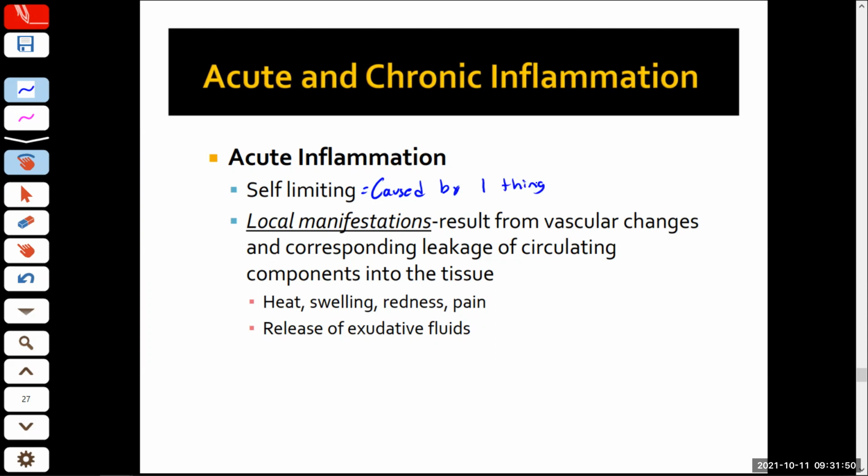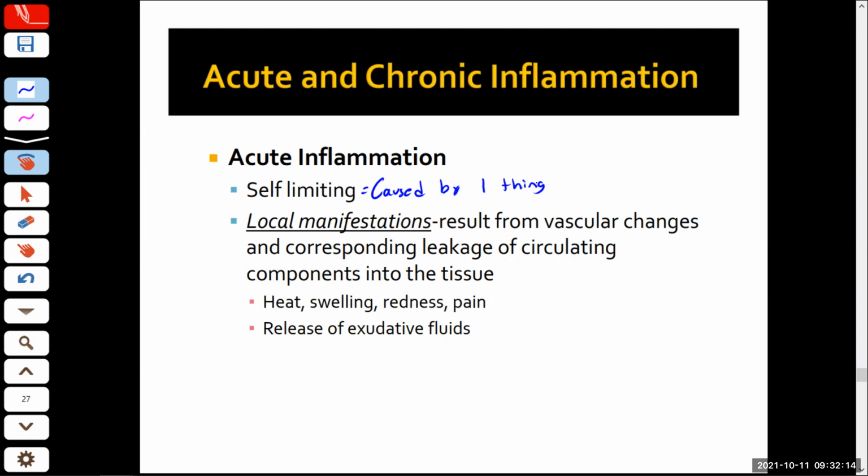So I cut my finger, there's pathogens in my finger, it becomes inflamed. Once I kill all of the pathogens, what should happen to inflammation? Should decrease. That's what self-limiting means. Whenever you figure out the cause and you treat the cause, the symptom should go away.